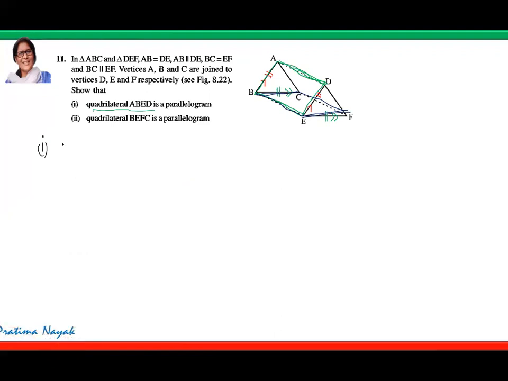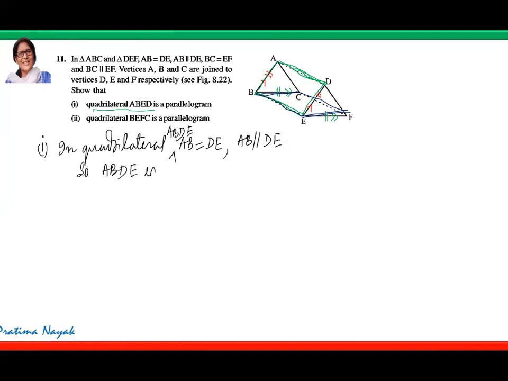So what I'll write: in quadrilateral ABDE, AB is equal to DE, AB is parallel to DE. So ABDE is a parallelogram.